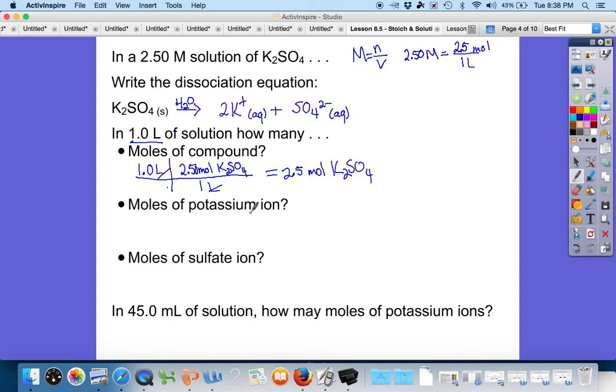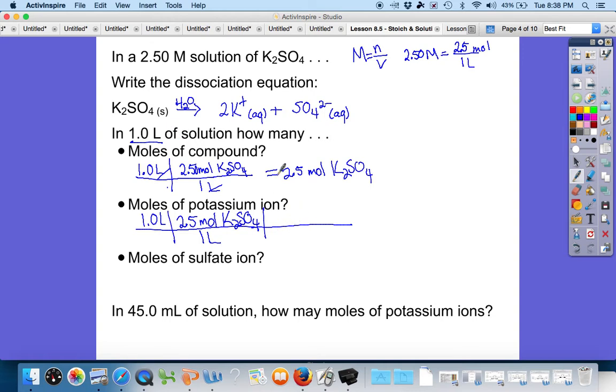So to find the moles of our potassium ion, again, we're going to start with the 1 liter that is given to us in the problem. We're going to use our molarity, the 2.5 moles of our compound, potassium sulfate, per 1 liter. And then we're going to look at our dissociation equation for our mole-to-mole ratio.